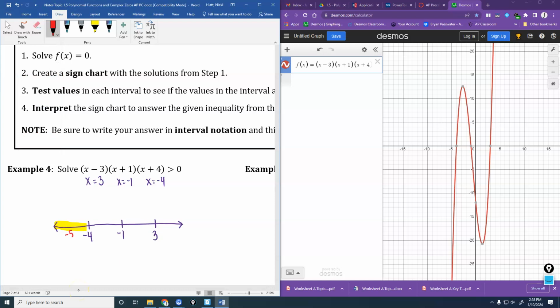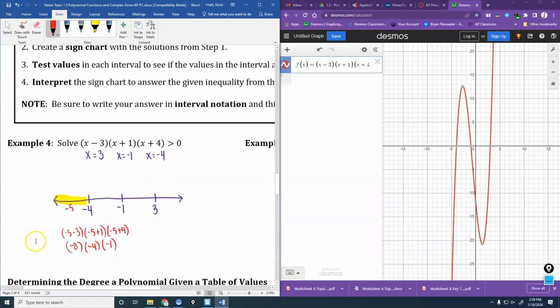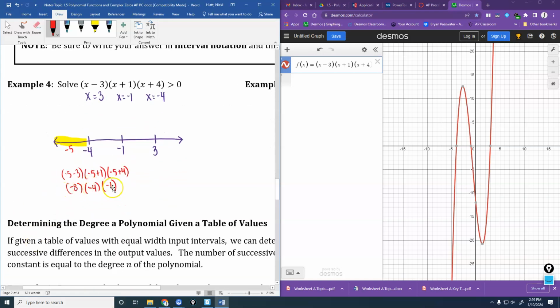I'm going to say -5 minus 3 times -5 plus 1 times -5 plus 4, so that's -8 times -4 times -1. I don't care about the value here; I care whether it is positive or negative. Negative times negative times negative gives a negative. So from -infinity up to -4, my function is negative.